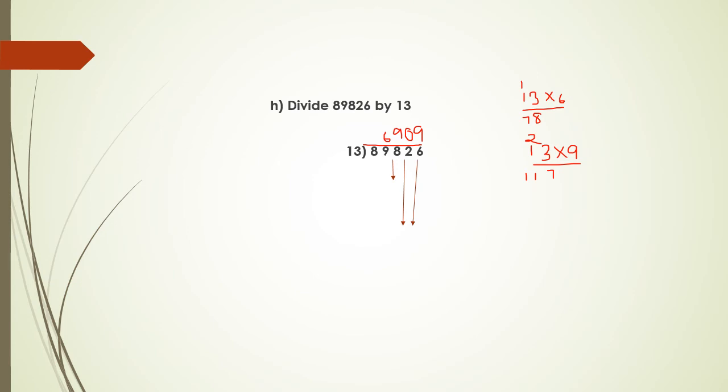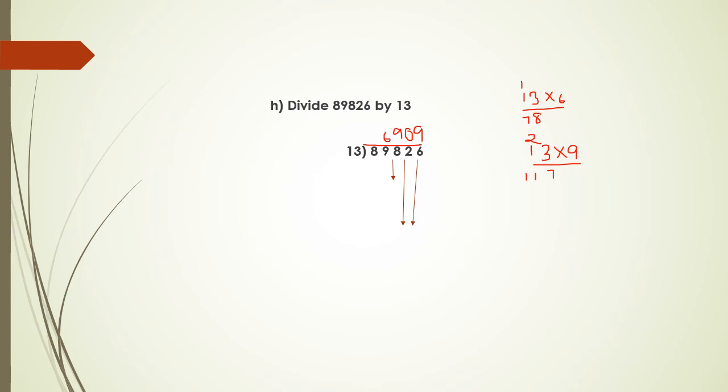So now 13 times 6, 18, then 1, then 6, 78. Right? So 13 times 6 is 78.